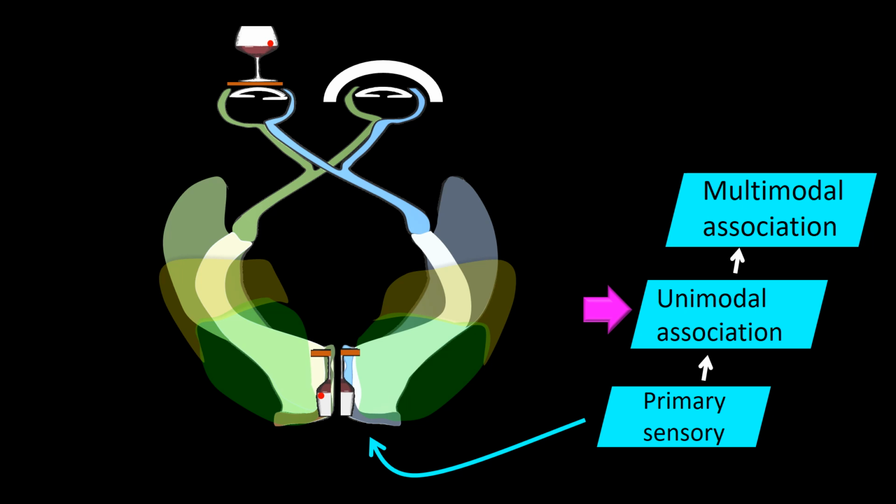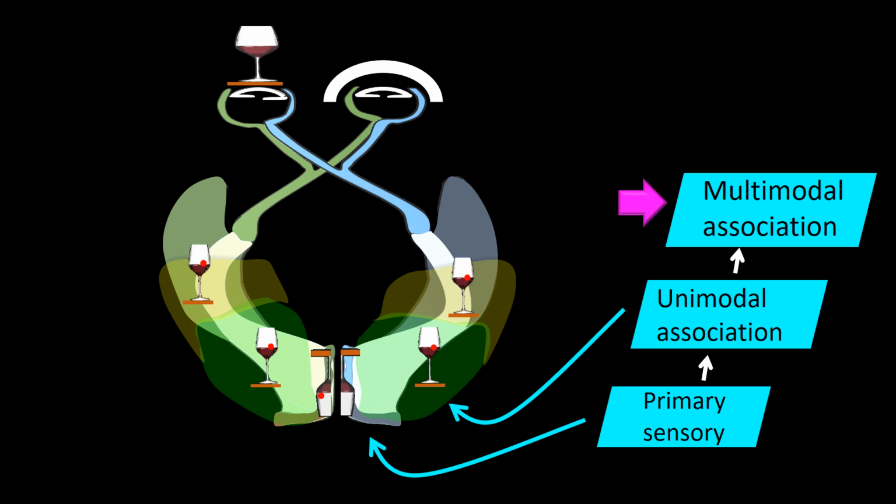Then the figure will go to the unimodal association area. There, the figure would be inverted to upright, and the sides will be corrected, but still the person would not know what it is or what to do with it. Then the perception of the image goes to the multimodal association area.